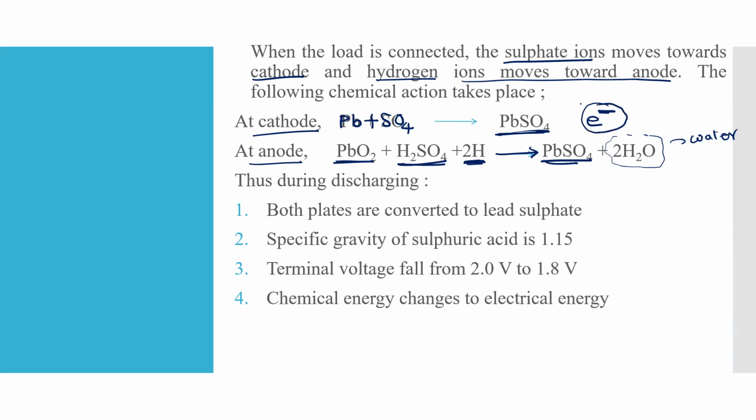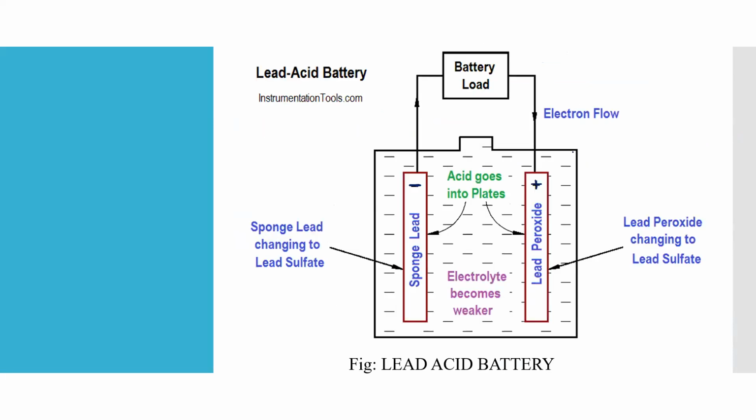So these electrons which are released will go from here to here. This is the flow of electrons. So here electrons are received, and here electrons are emitted.